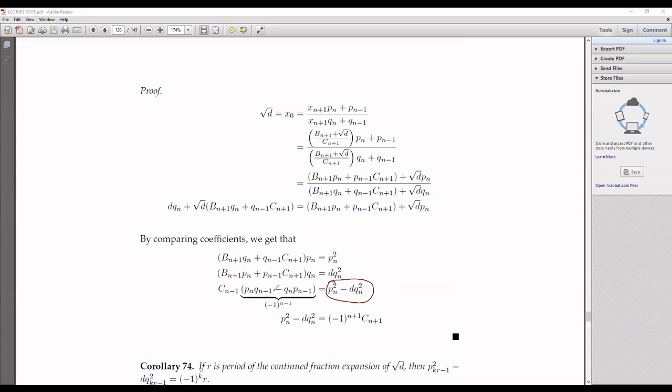And the left hand side, you can see that these two guys get cancelled. Do they? Pn plus 1 times Qn minus Pn.